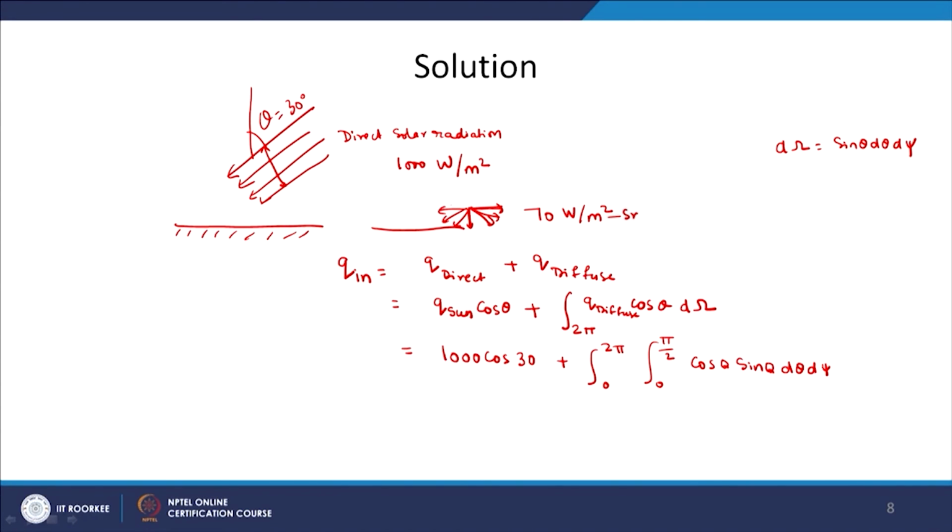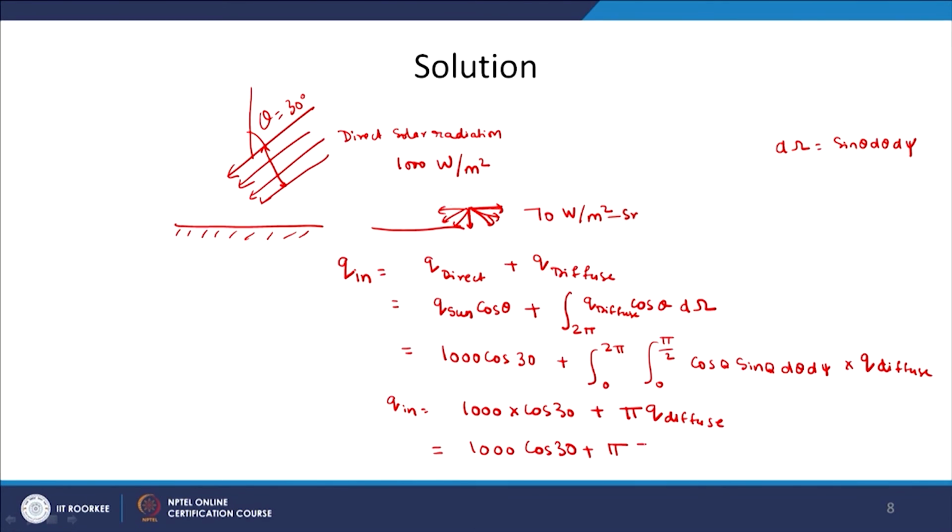And we already know that this value will be equal to pi. So, we just have to multiply by Q diffuse here. So, Q in will be equal to 1000 into cos 30 plus pi Q diffuse.